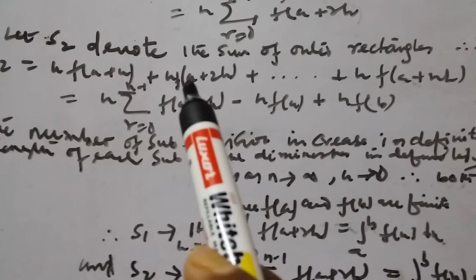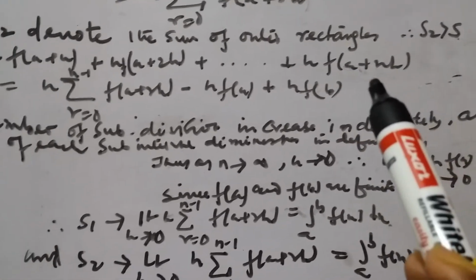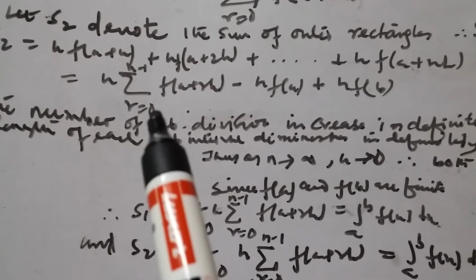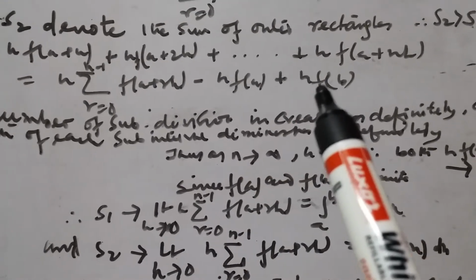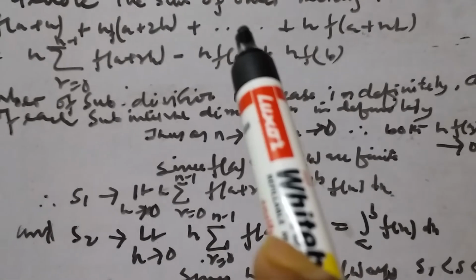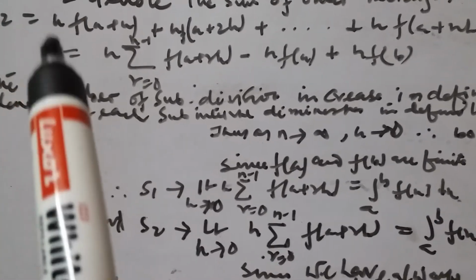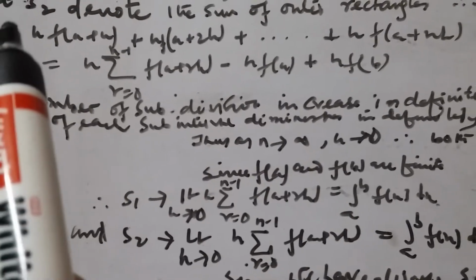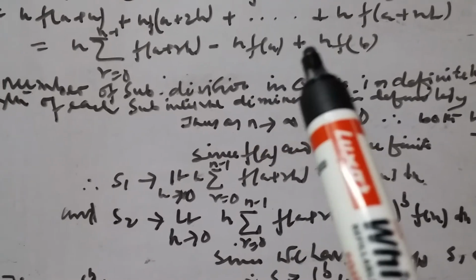In this way, h times the summation for r equal to 1 to n of f(a plus rh), which is h times the summation for r equal to 0 to n minus 1 of f(a plus rh) minus h f(a) plus h f(b).